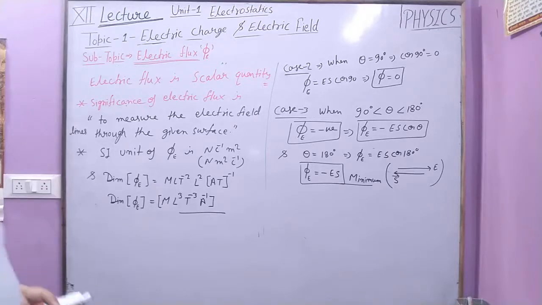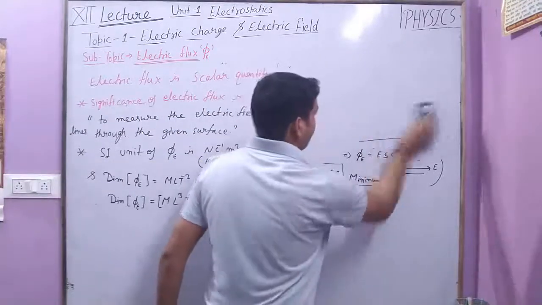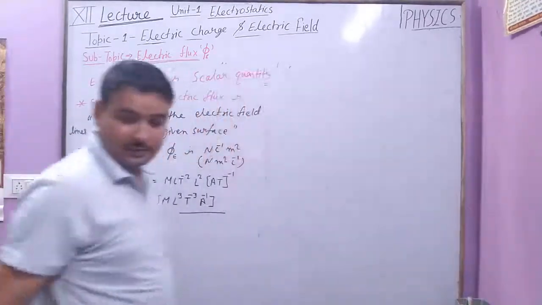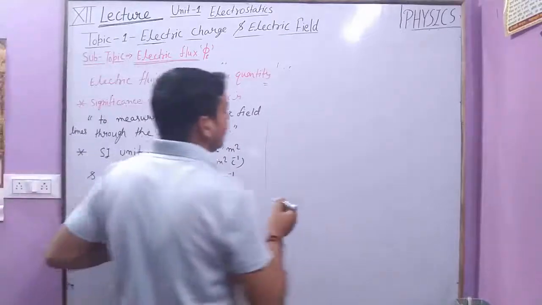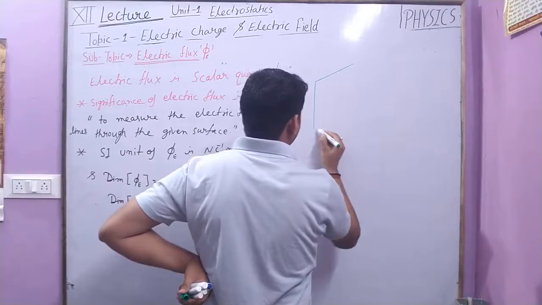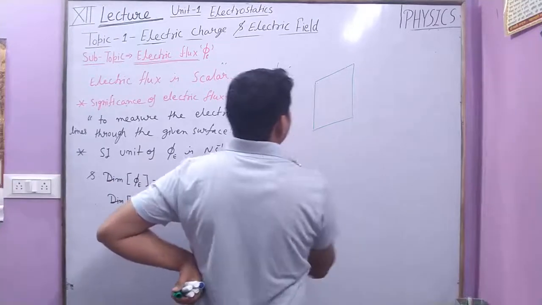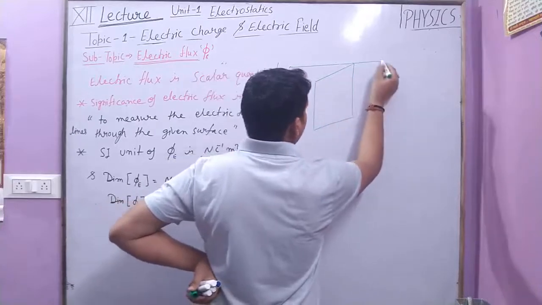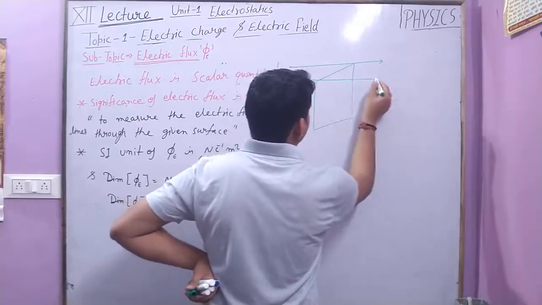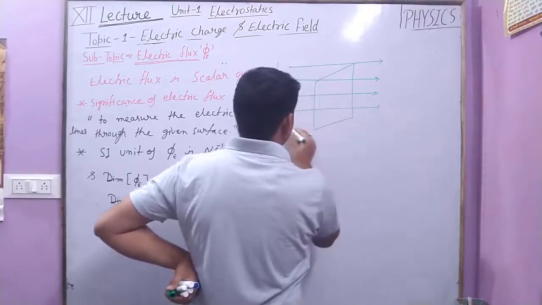You can also understand the electric flux lines for the different surfaces. Like suppose you have a plane surface and the electric field lines are moving through the surface in such a way.